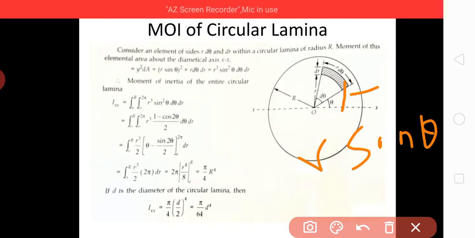This lamina having dimensions r d theta and dr is negligibly small, hence it is being shown in an enlarged way, otherwise it's a very small area. So you can virtually call it that its distance from the x-axis is r sin theta.